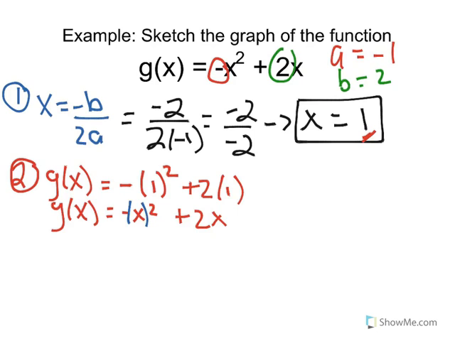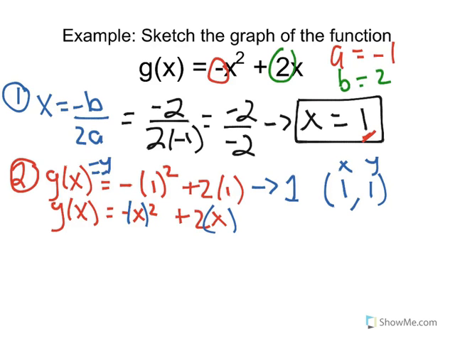So in place of x, we put 1, making sure that this negative stays outside of your parentheses. So when you evaluate using either your calculator or by hand, we should get 1. So that means our vertex is at 1, 1. This was our x value, and then this is your y that we just found, because g of x is the same thing as y.